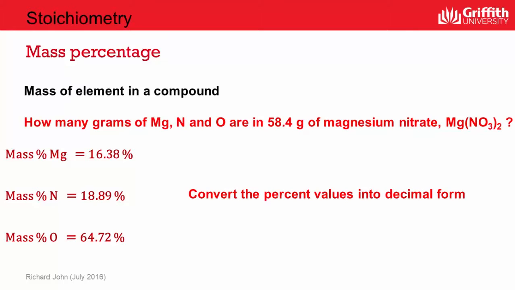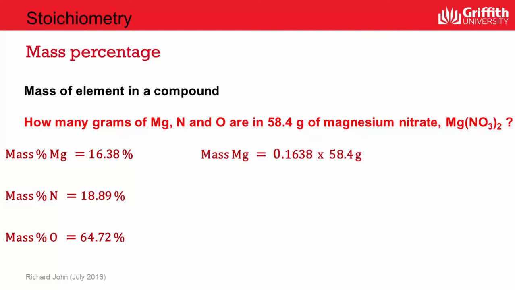What we're going to do now is convert those percent values into decimal form and multiply them by the total mass. So the mass of magnesium will be 0.1638, and the 0.1638 is the 16.38% converted to a decimal.